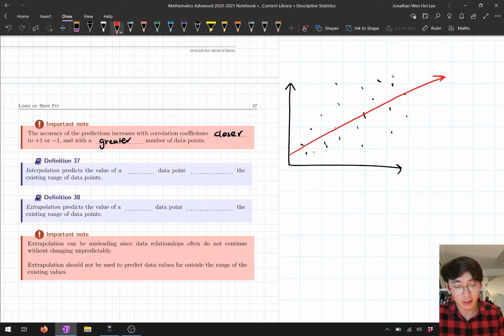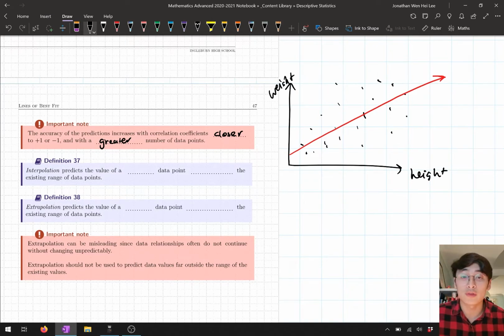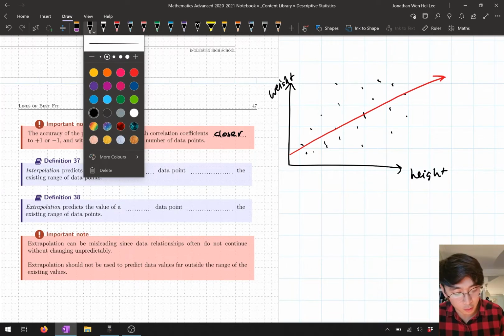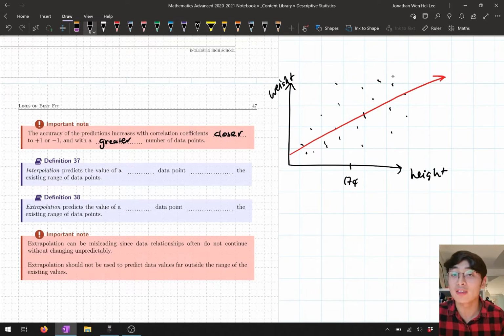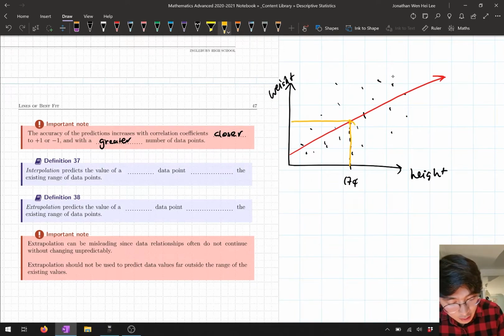For example, if this was heights and weights, which is the example I always talk about, let's say I have someone who is 174. Based on this data that I've collected, what should I expect their weight to be? I can just go to the least squares regression line and read off the value here, and that will tell me what their expected weight is.